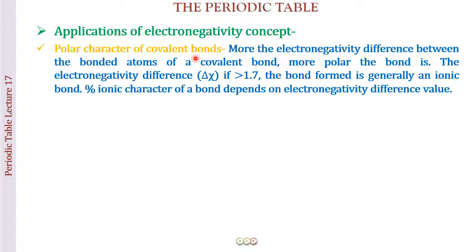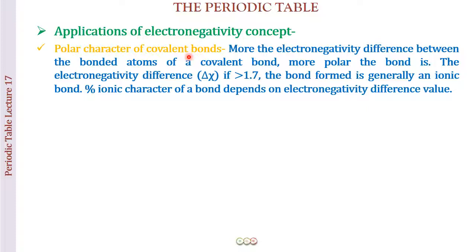Non-polar molecule, for example, we discussed the hydrogen molecule, where it was a covalent bond formed between two similar hydrogen atoms and the electronegativity difference between both of them being zero. Then the other example we took was HF. So HF was formed between two dissimilar elements.